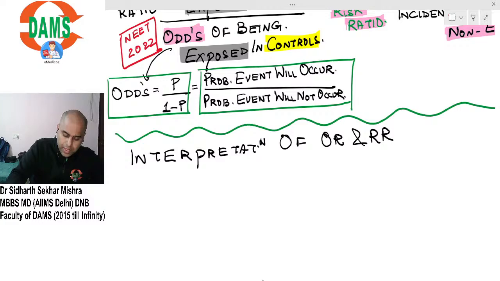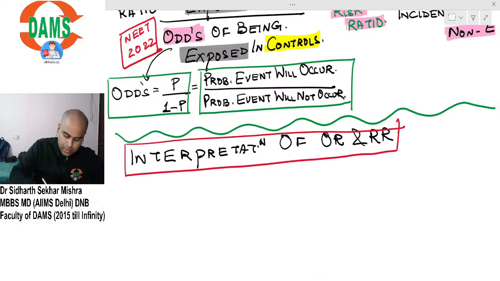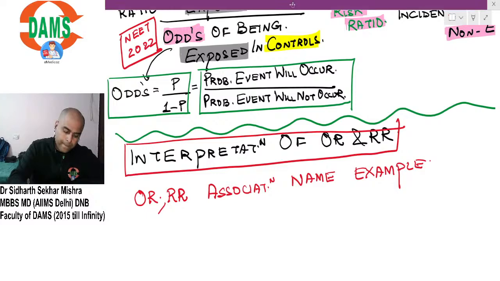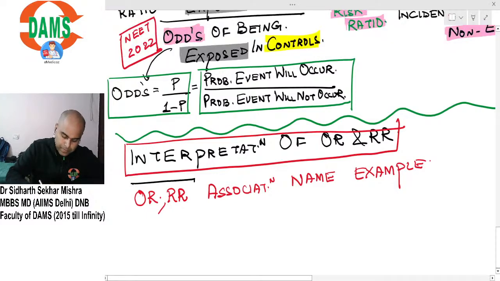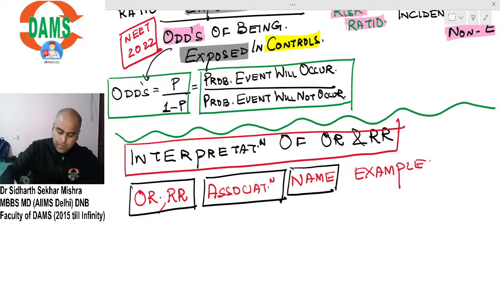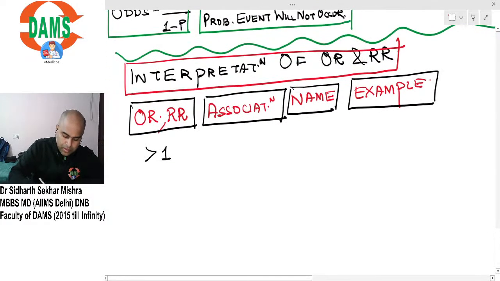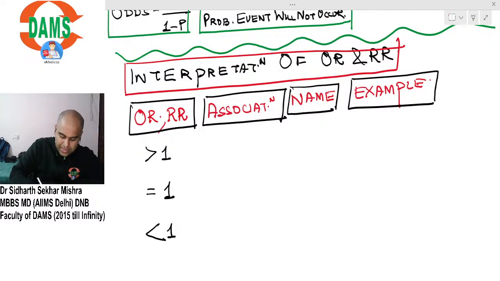How do we interpret relative risk? So odds ratio, relative risk: more than 1, equal to 1, less than 1.